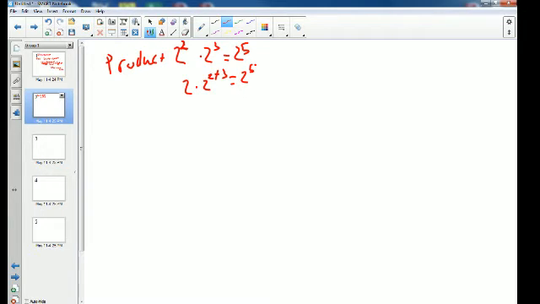The next one is the power of a power. When you have a power of a power, you multiply your two exponents, so it would be 2 to the 6th power.